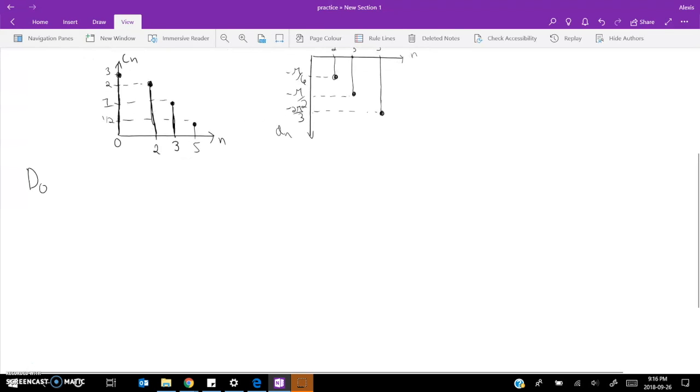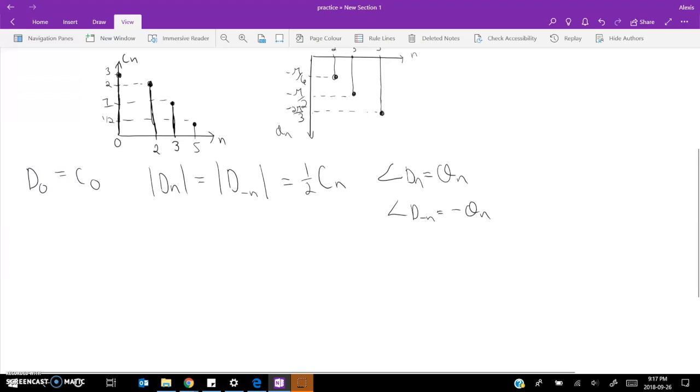Because we know that d naught is c naught, and we know that the magnitude of dn is the same when n is negative, and all of this is equal to half of Cn. And we know that the phase of dn is equal to theta n, and when it's negative n, it's equal to negative theta n.